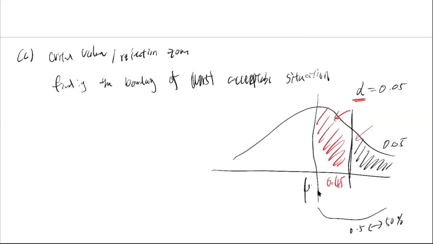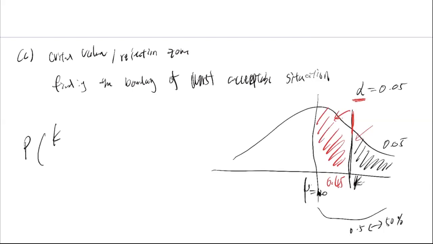So for this thinking, we are actually calculating the specific boundary, which is this line here. And how do we calculate it? Because we know that this red region is 0.45, and that corresponds to the Z score. So let's say that this is mu equal to 120, and the boundary here is the value of k.